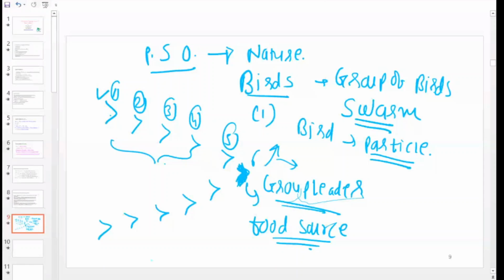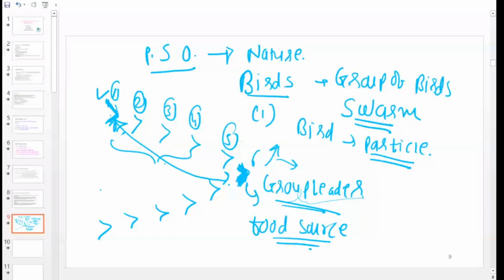It means every bird will try to minimize the distance between its position and the position of the leader, right? This is our second observation.